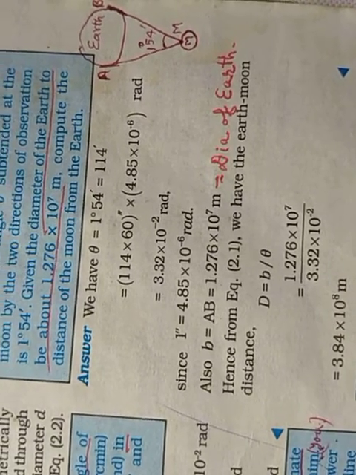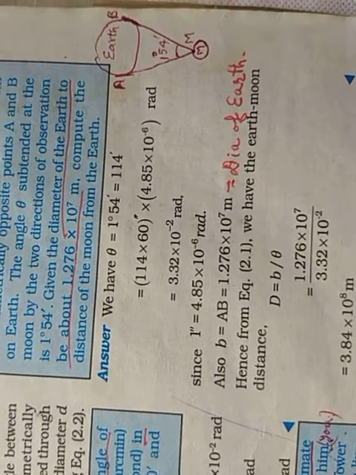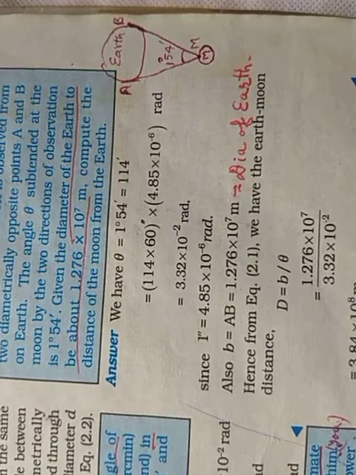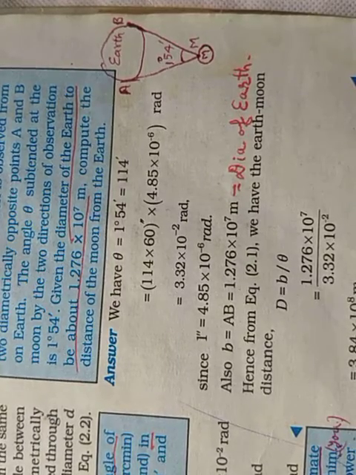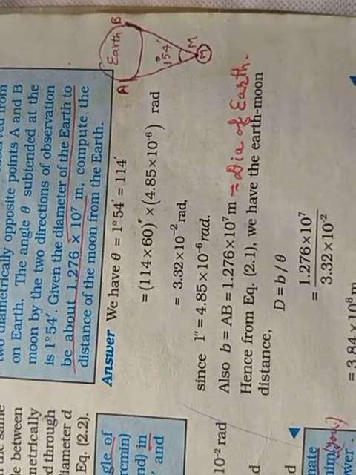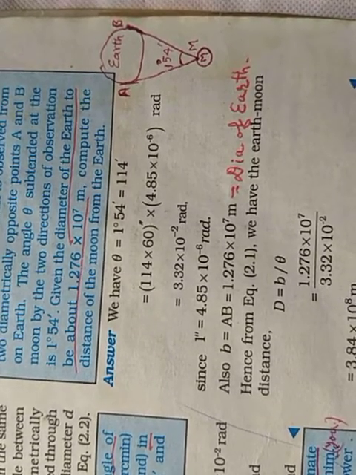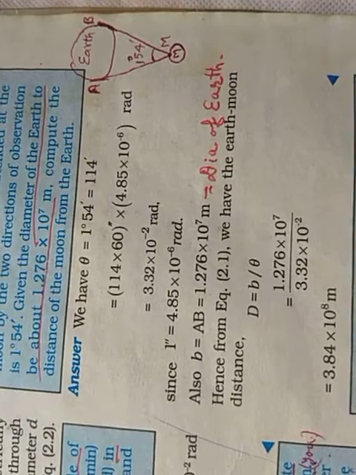Theta is equal to arc, that is AB, divided by AM, and AB is taken to be small b in this problem.